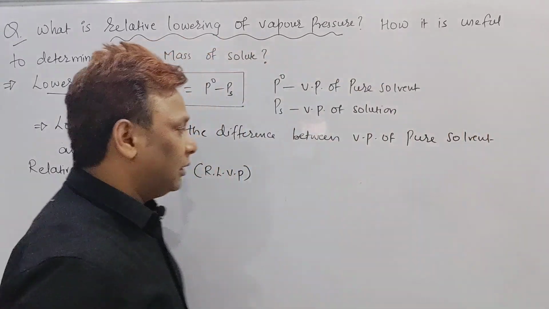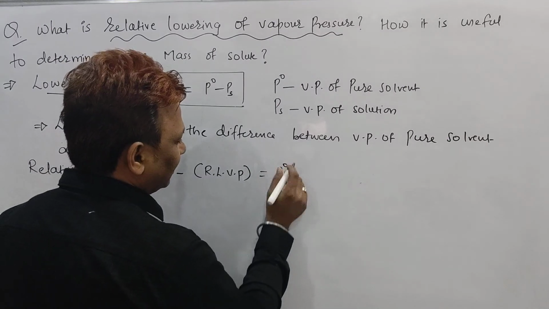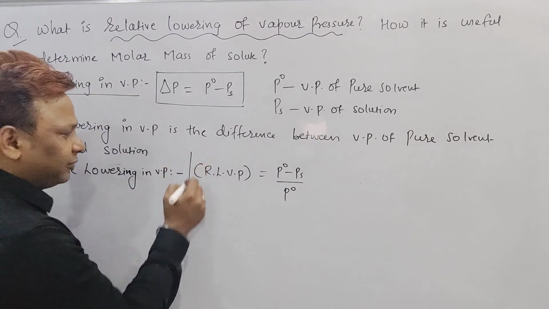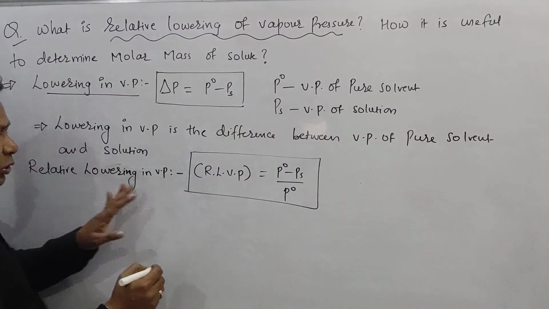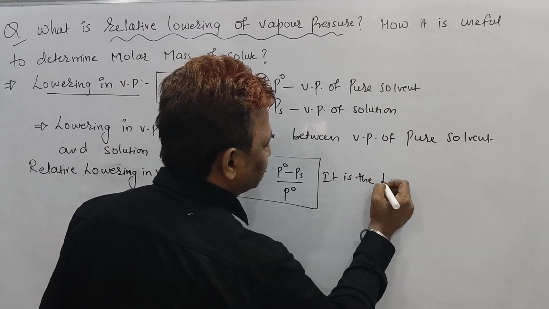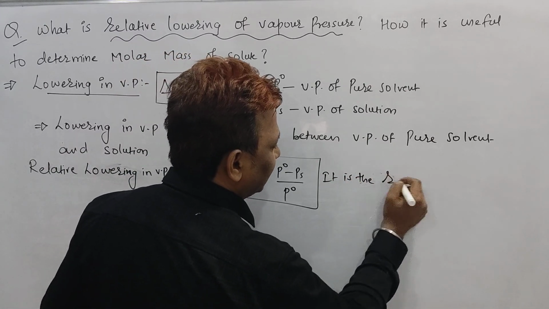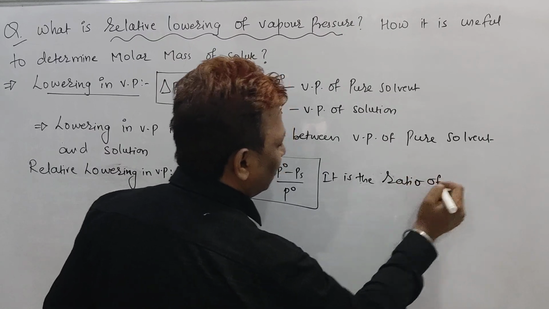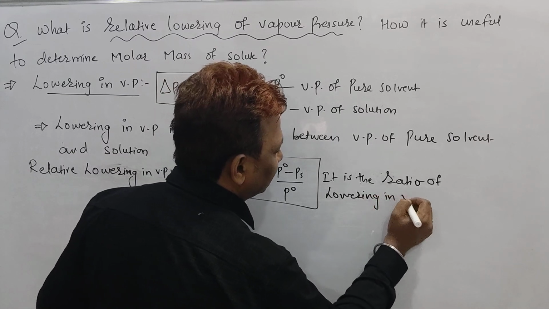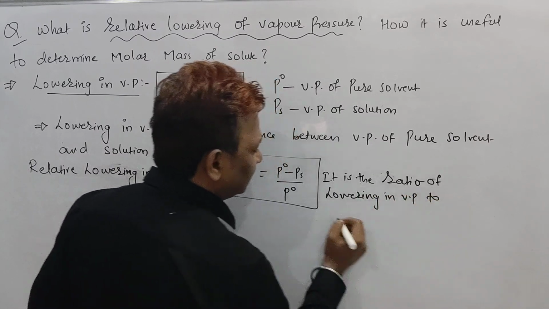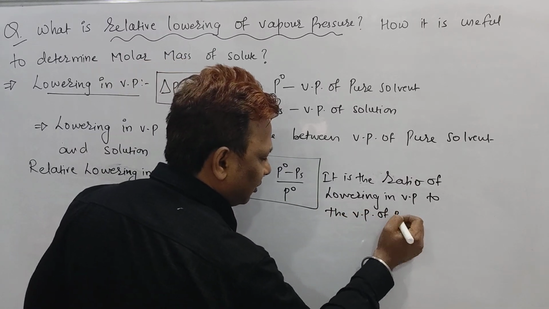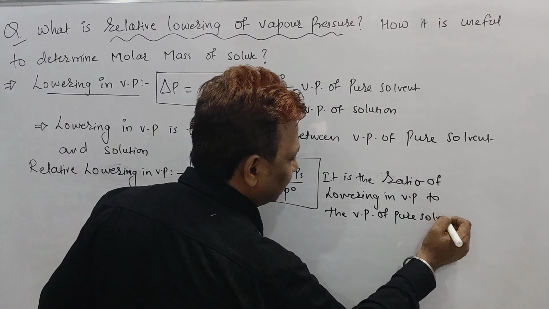It is the ratio of P naught minus Ps by P naught. See, this is the formula. So what is the relative lowering in vapor pressure? It is the ratio of lowering in vapor pressure to P naught, the vapor pressure of pure solvent.